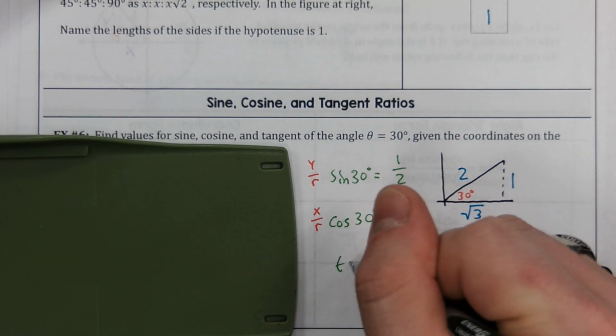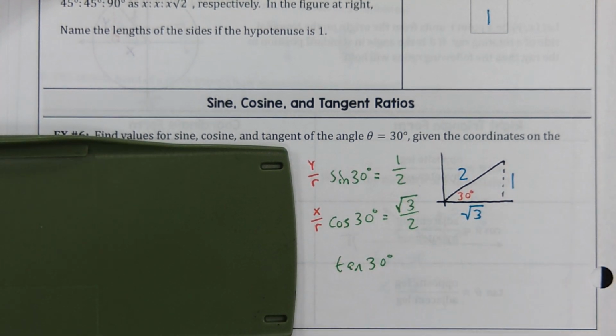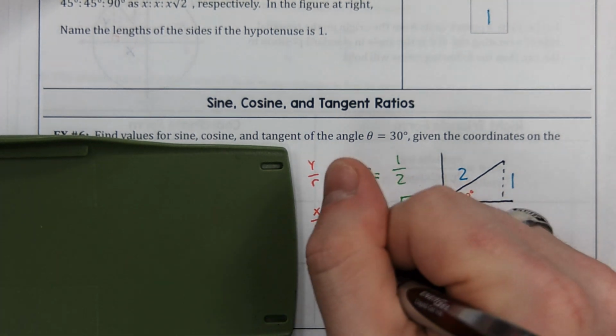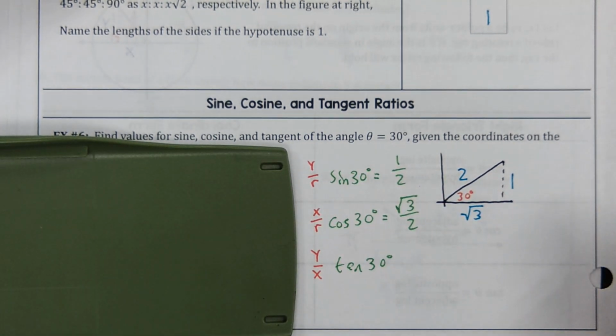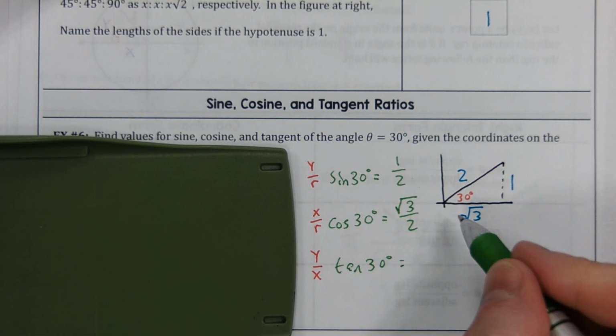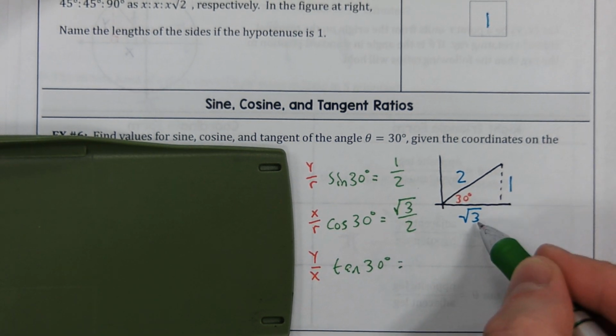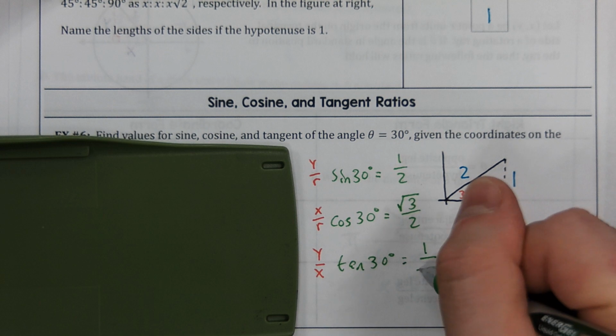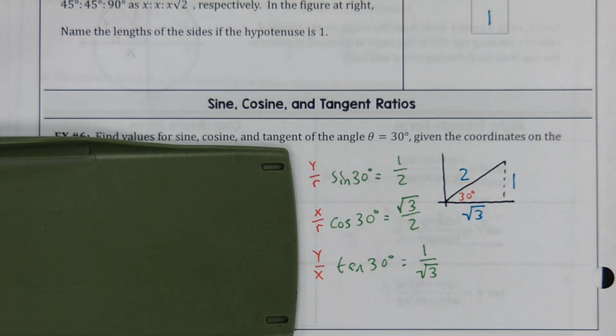And tangent. Tangent is always going to be evaluated by y over x. Y over x. 1 over root 3.